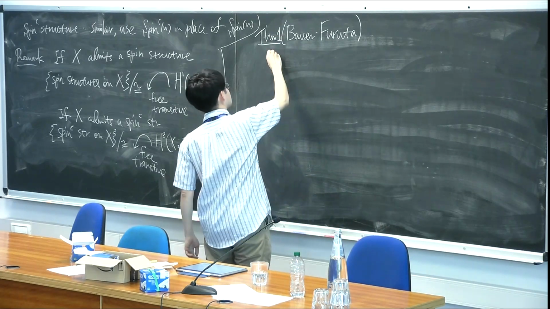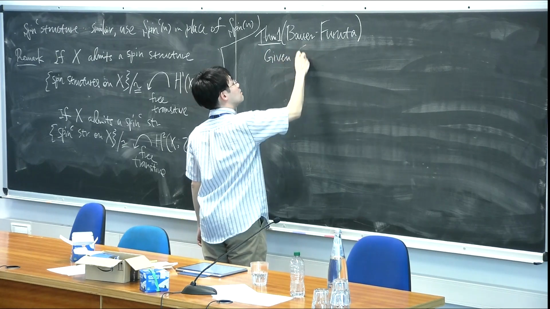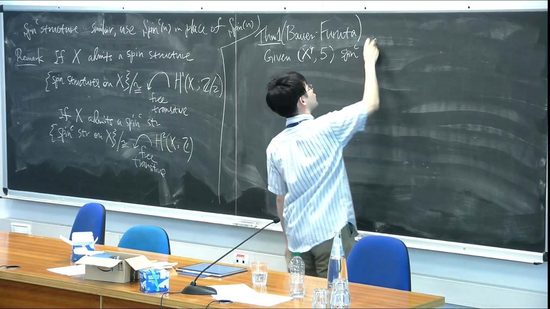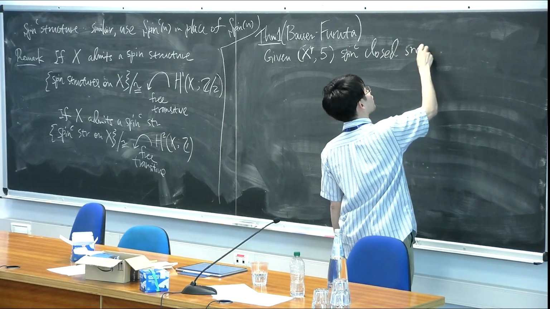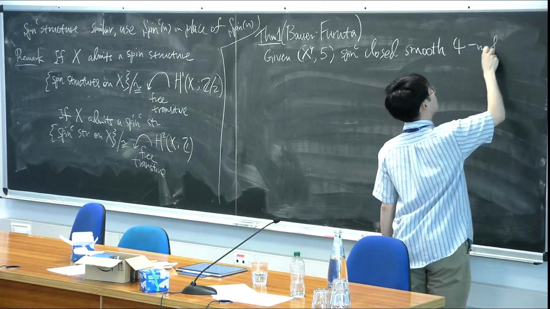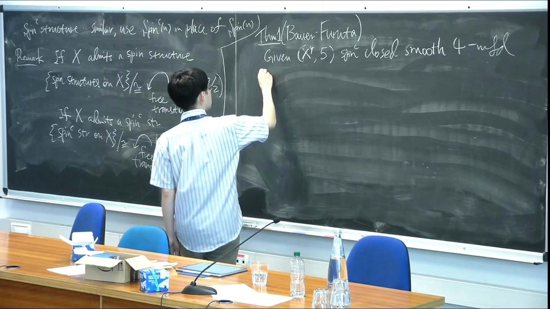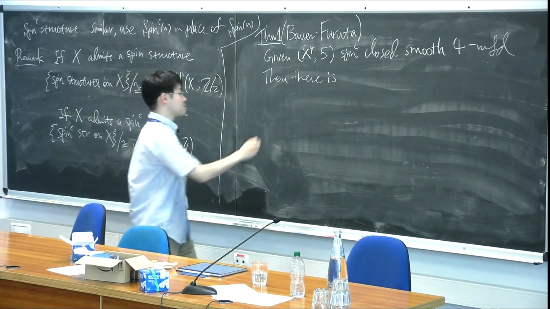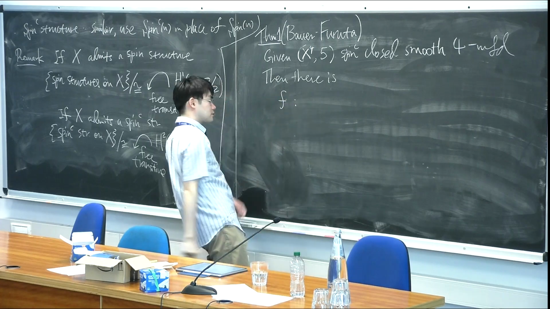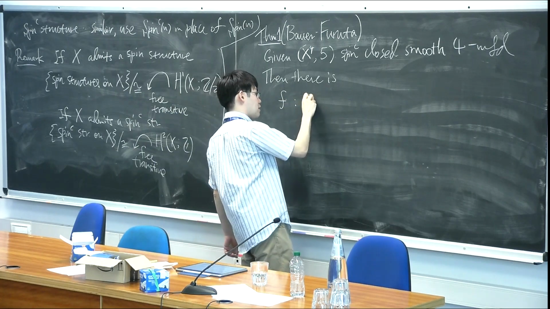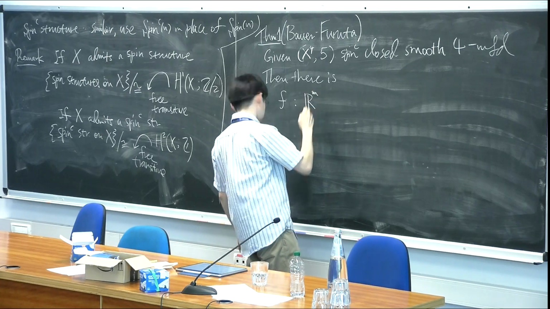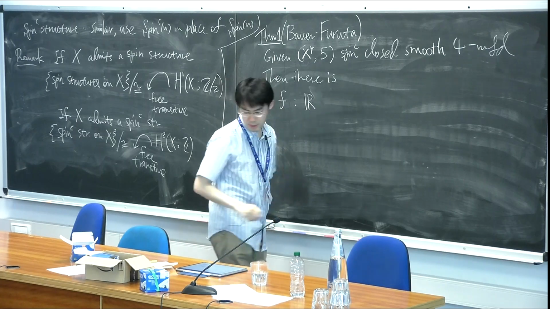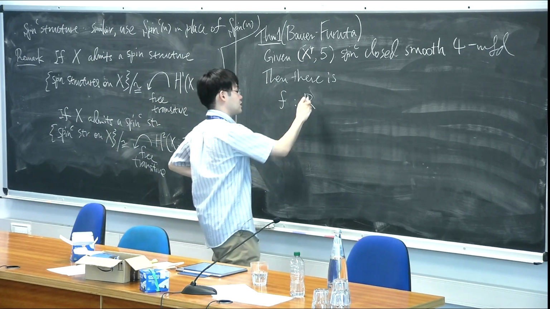This theorem says that, let's say you are given this input data: a spin-C, closed, smooth four-manifold. Then there is the following map. Let me write F, which is a map from some vector space, which is a combination of a real vector space and a complex vector space, looking like this.